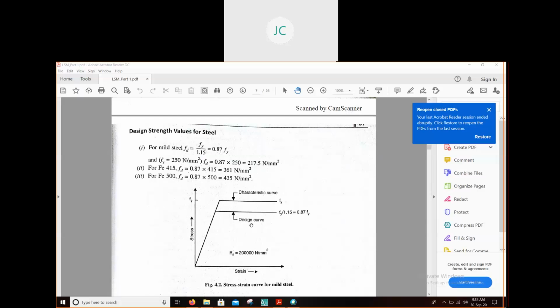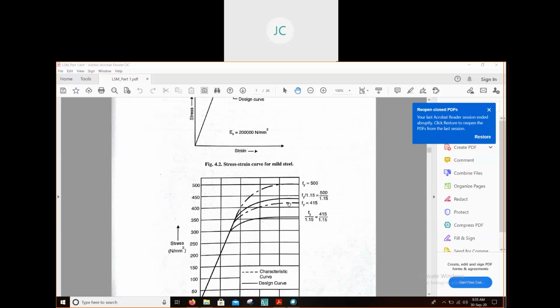For Fe500, 0.87 into 500, so you will get this value. Okay, so these are our design strength or design stress values for mild steel, for Fe415 and Fe500.